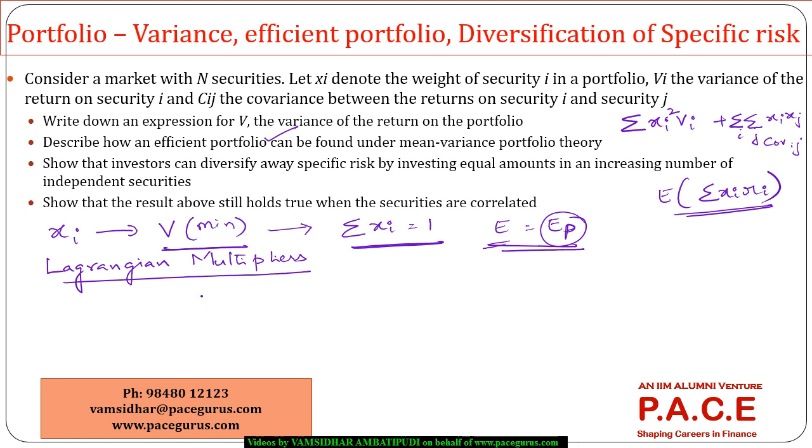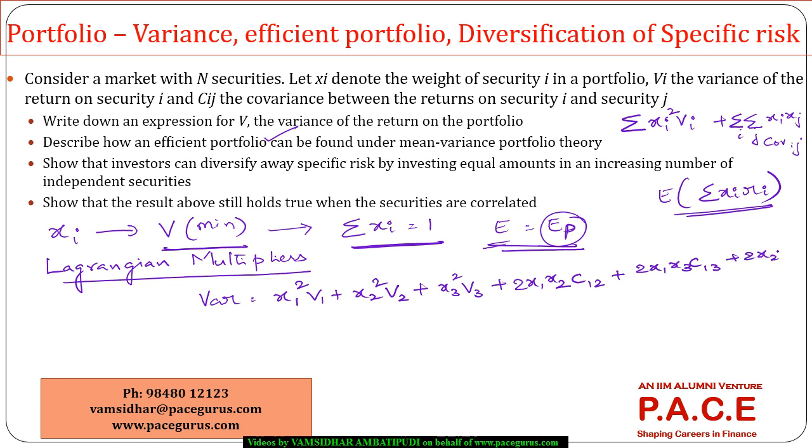The variance is x1 squared v1 plus x2 squared v2 plus x3 squared v3 plus 2 x1 x2 covariance 1 and 2 plus 2 x1 x3 covariance 1 and 3 plus 2 x2 x3 covariance 2 and 3.